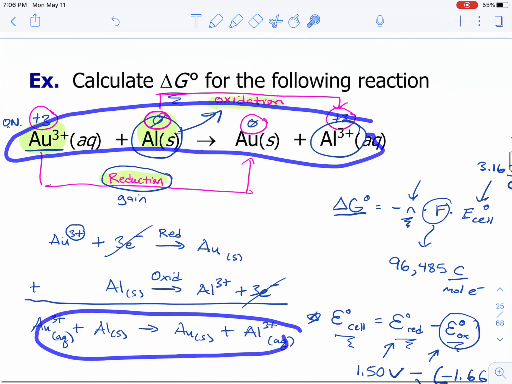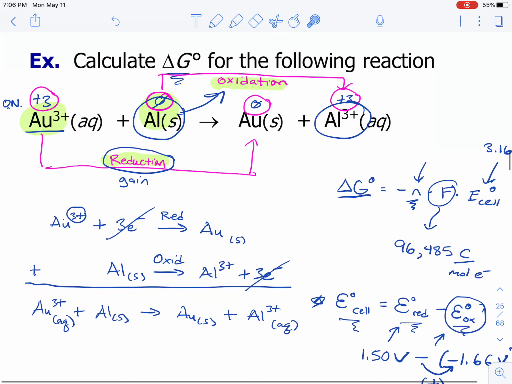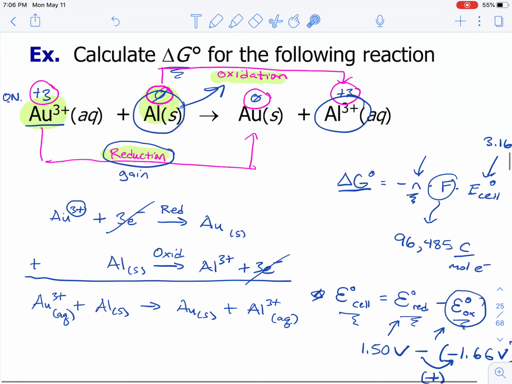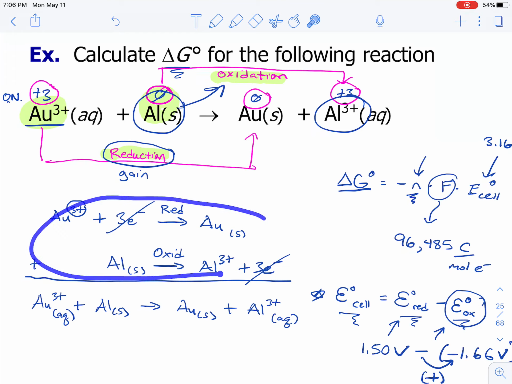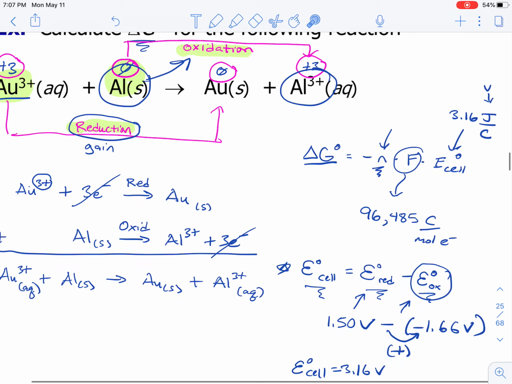So if I kind of zoom out, notice that both of my answers are the same. So that lets me know that I added these two half reactions correctly. What I do want to figure out is just simply the number of electrons transferred between this oxidation and reduction reaction. And so it looks like I have 3 moles of electrons that's transferred.